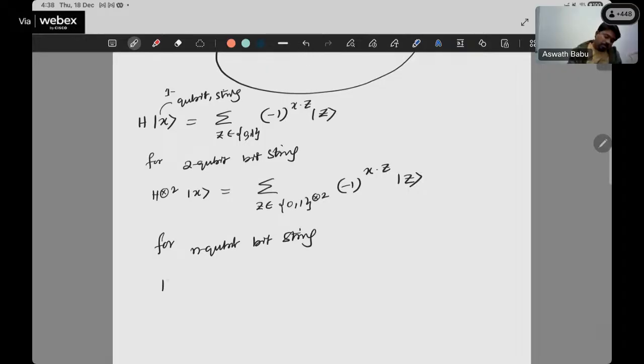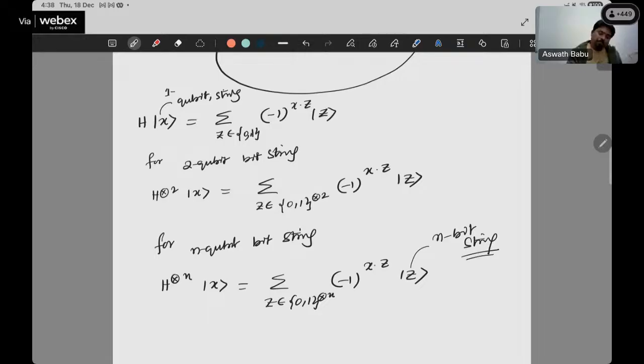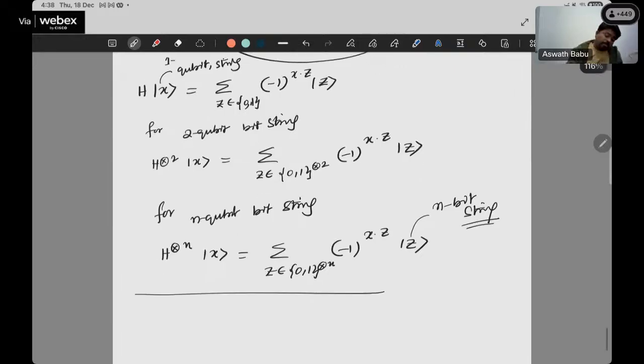Generalization for n-qubit bit string: H tensor n acting on x, where x is an n-bit string, gives z belongs to {0,1}^n, minus 1 to the power of x dot z, and z. Here you remember z is also an n-bit string. Which means what is my psi 3?